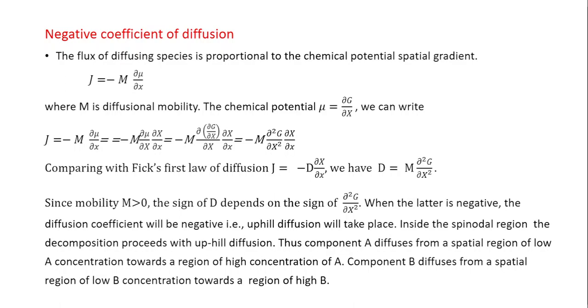The sign of D depends on the sign of ∂²G/∂X². When the latter is negative, the diffusion coefficient will be negative, that is, uphill diffusion will take place. Inside the spinodal region, the decomposition proceeds with uphill diffusion. Thus, component A diffuses from a region of low A concentration towards a region of high concentration of A. Component B diffuses from a region of low B concentration towards a region of high B concentration.